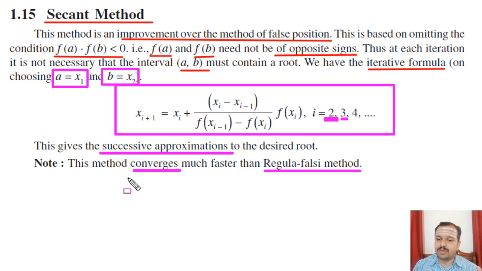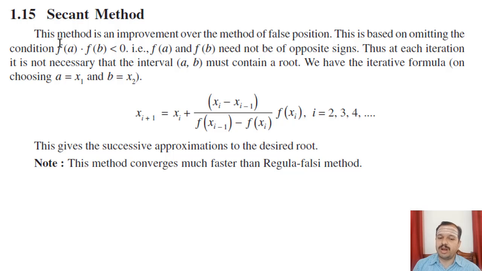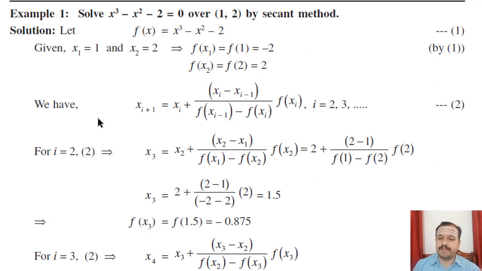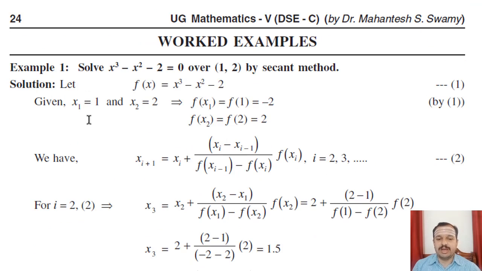As compared to the regular false position method or even the bisection method, the secant method is going to give us the desired solution in relatively fewer iterations. So this is how the secant method works. Now let us consider the first example based on the secant method. The first example here is to solve this algebraic equation.